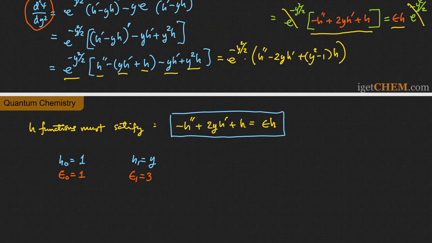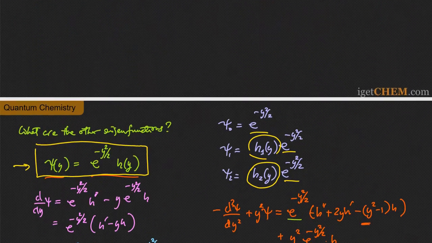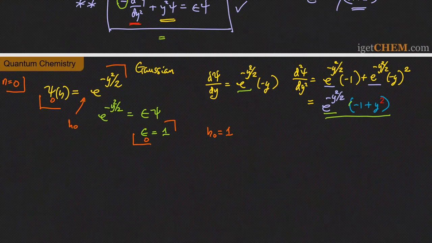Let me now say one more thing, which is important. We have assumed that the first solution is given by this equation right there. Notice that in order for psi to be a proper wave function, the square of psi integrated over all x must be equal to 1.